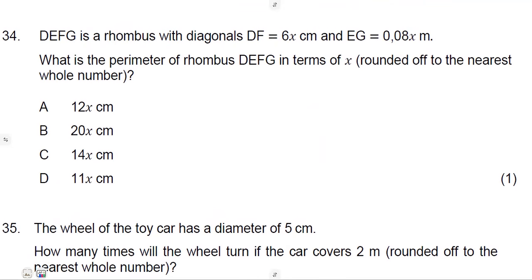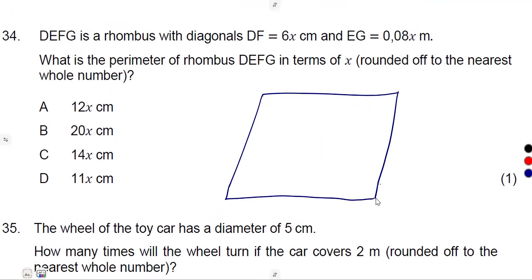On question number 34, we are given that DEFG is a rhombus. There is a rhombus, and these are the diagonals. What is the perimeter of the rhombus? Okay, so remember, on the properties of a rhombus, guys, these diagonals bisect each other. And they do not just bisect each other, but they bisect each other at 90 degrees.